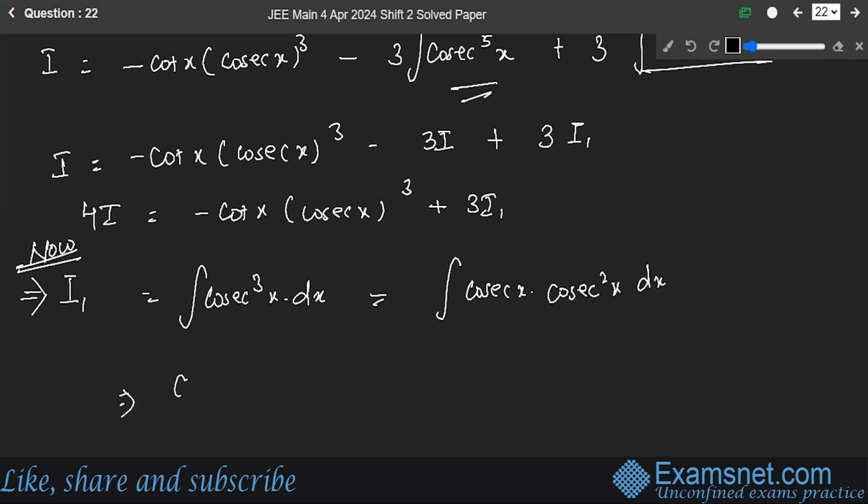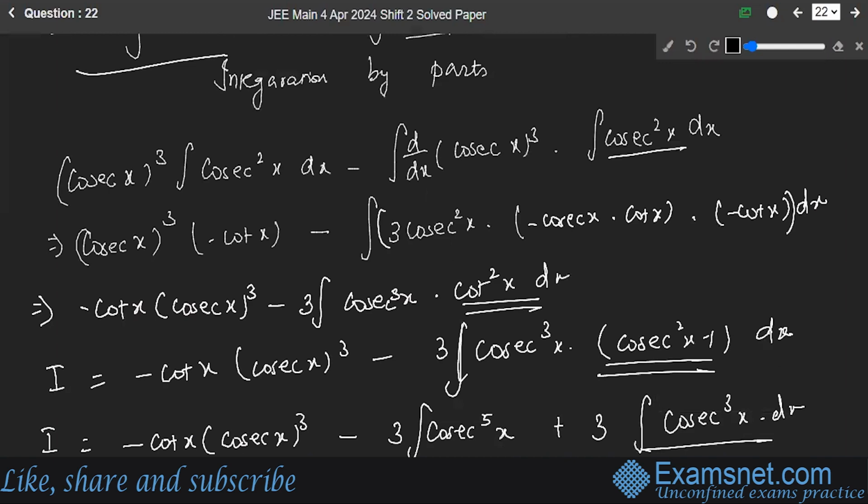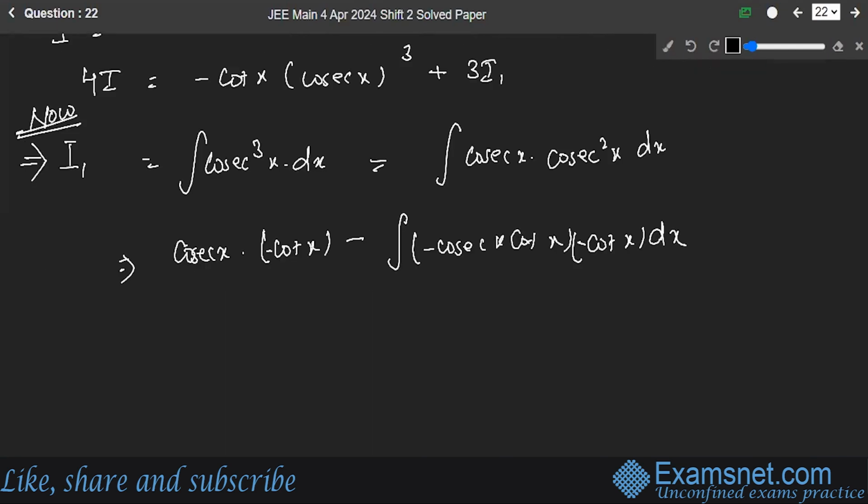This is again first function into integral of second. Integral of cosecant square x is equal to minus cotangent x. So minus integral of derivative of first into integral of second.